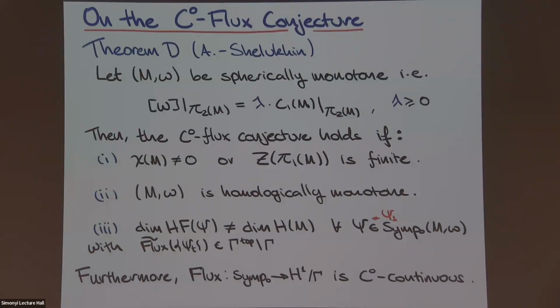And the first time I came across this problem, I thought that maybe the strategy was proving that this map is C0 continuous to show that the C0 flux conjecture holds. But somehow it's harder this way. But the methods in this spherically monotone case actually yield the C0 continuity.